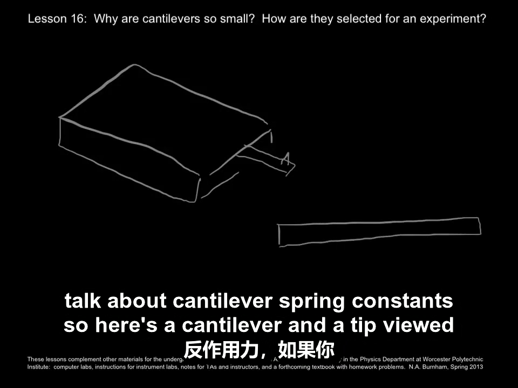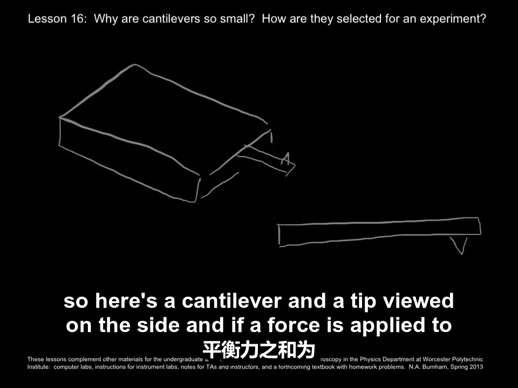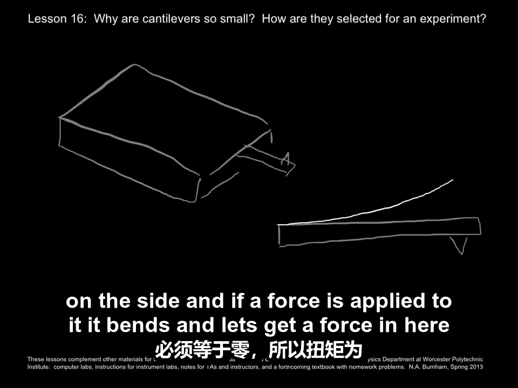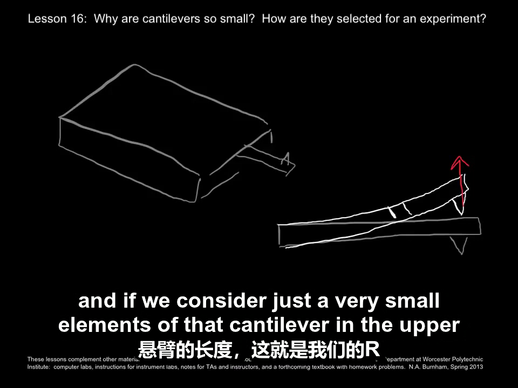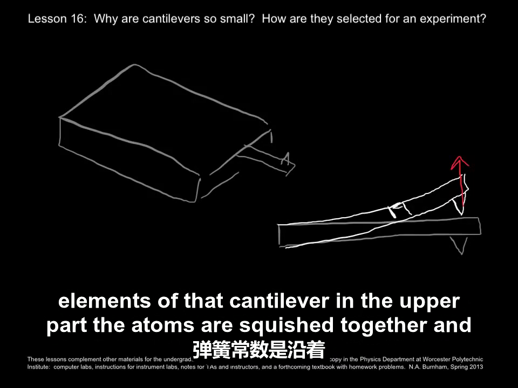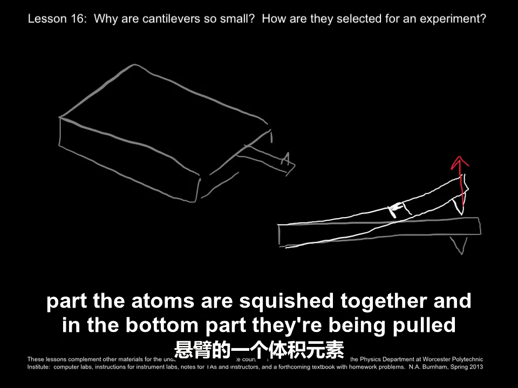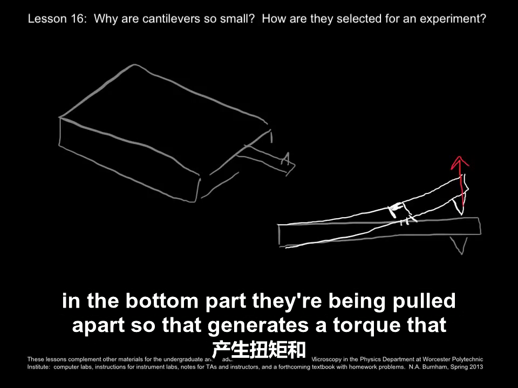So here's a cantilever and a tip viewed from the side, and if a force is applied to it, it bends. And if we consider just a very small element of that cantilever, in the upper part the atoms are squished together, and in the bottom part they're being pulled apart.